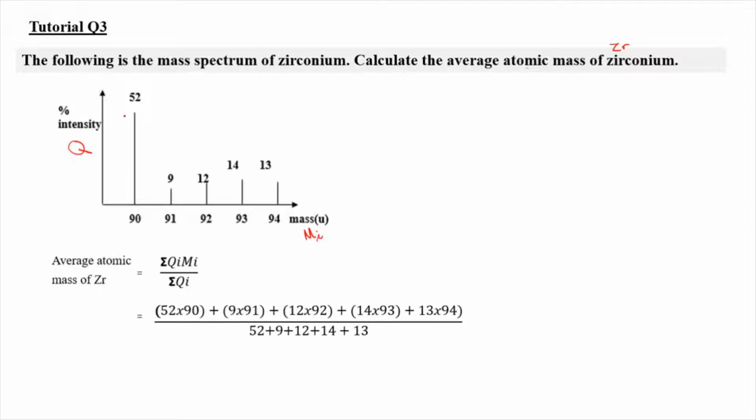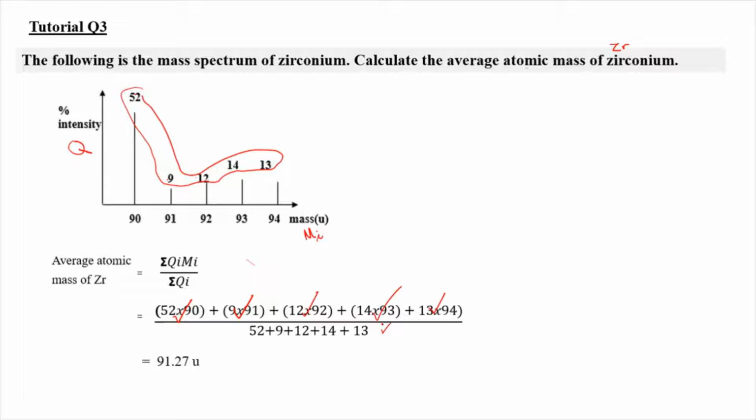So we're going to do 52 multiplied by 90, 9 times 91, 12 times 92, 14 times 93, and 13 times 94. And then the summation of the abundance is basically 52 plus 9 plus 12 plus 14 plus 13. So this one is going to be below here.